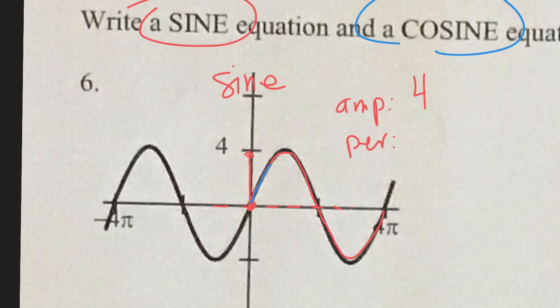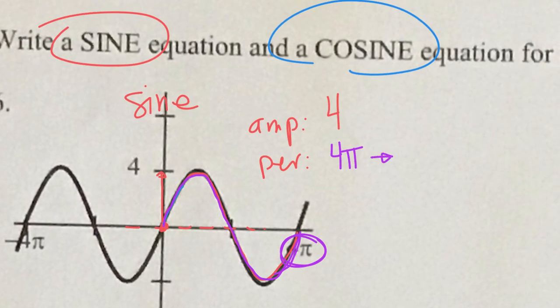So it looks like this has 1 complete cycle in, what does our tick mark say? 4 pi. So we have a period of 4 pi. Okay, which means we have a b value of 2 pi over 4 pi, which is 1/2.